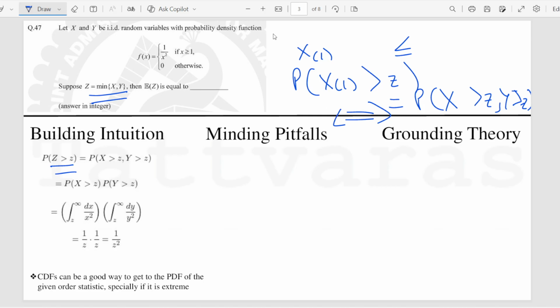Had it been X order n, then we would have taken directly the CDF, because if the biggest in the group is less than or equal to something, then everything else in the group will be less than or equal to that thing. And then we can make use of the known setup.